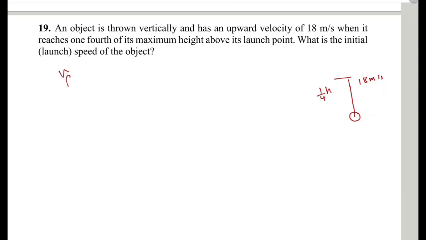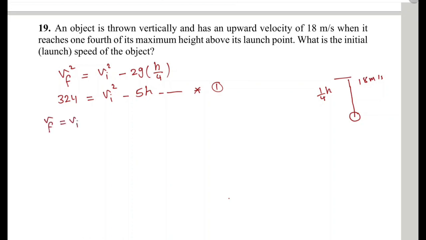So v final, again equations of motion, equal to v initial square minus 2g h over 4. So 324, 18 square, equal to v initial square, which is unknown here, minus 5h. Now let's keep this equation here. Now v final equal to v initial minus gt, and in this case t equal to v initial over 10.